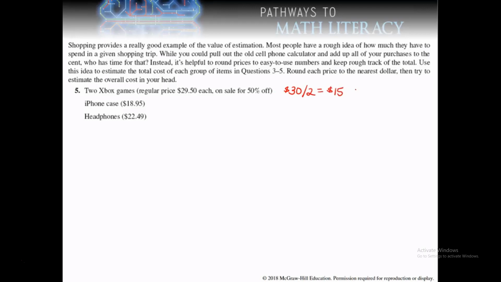So that brings us back up to about $30 for both. Then we have an iPhone case at $18.95, so we'll make that $19. And headphones at $22.49. That's just under 50 cents, so that'll round down to $22. And then we add all that up and we get about $71 total.